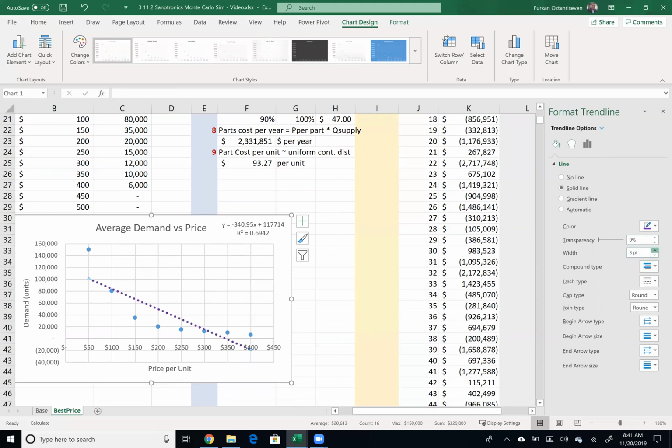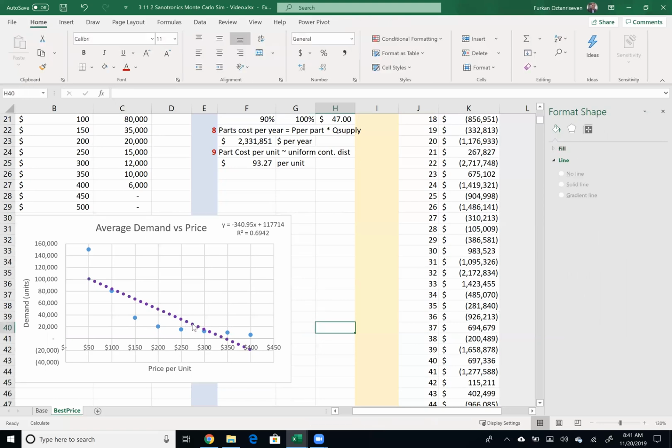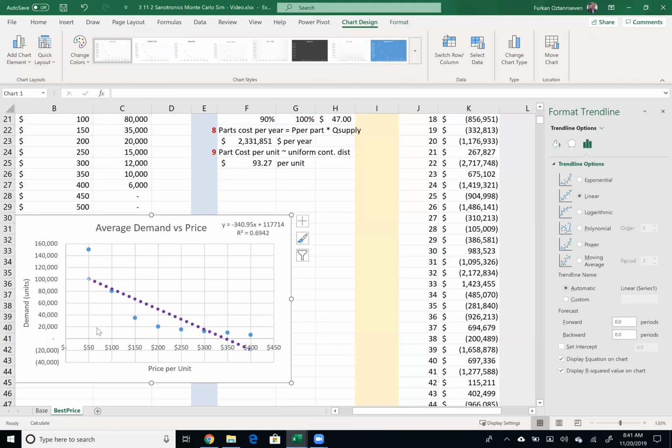All right, so if I use this linear line to explain these blue dots, basically I can only explain 69% of the variation in my demand by using this line based on price per unit. It's not horrible, but it's not the best.